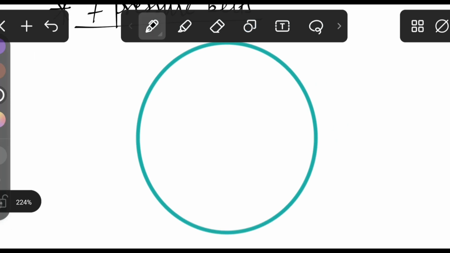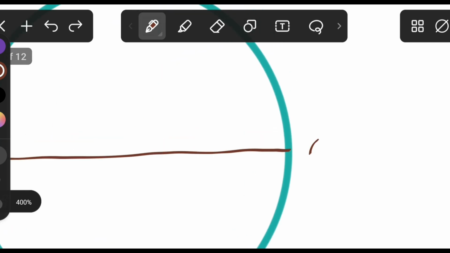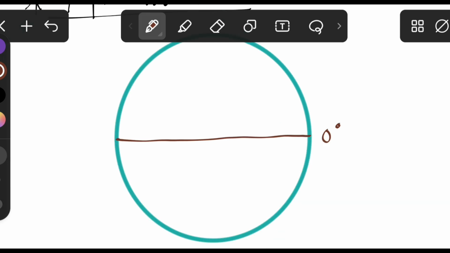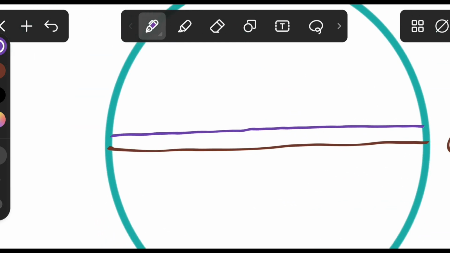So, scientists discovered 7 pressure belts over the globe, and these are equatorial pressure belt, subtropical high pressure belts, subpolar low pressure belts, and polar high pressure belts. So these are located as follows in the figure.